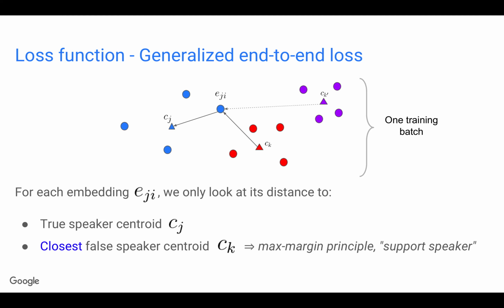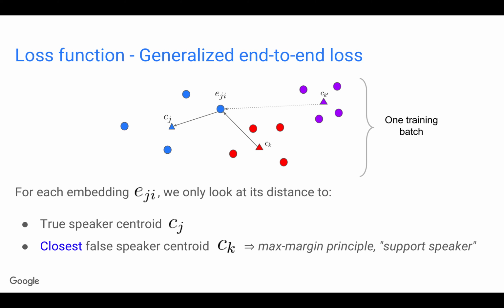So consider one training batch with embedding e_ji, which is the embedding from the i-th utterance from speaker j. We want it to be close to the centroid of the true speaker, c_j. c_j is the centroid of all the embeddings from speaker j.